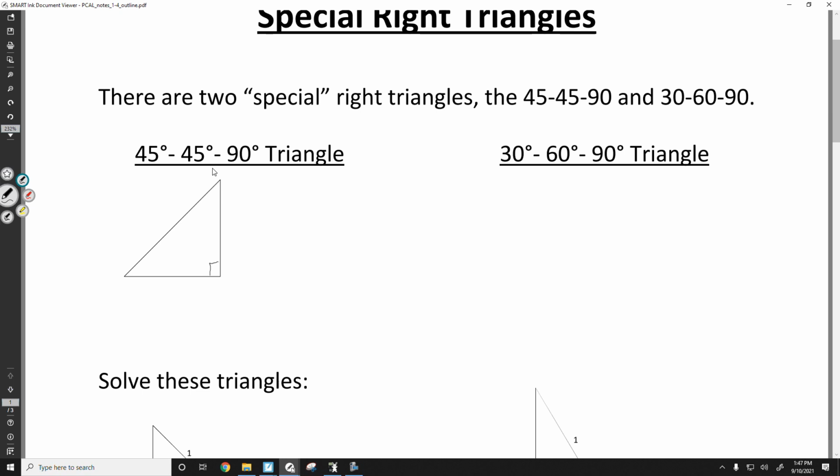Okay? Cool. We will also worry about a 30, 60, 90 triangle oriented 2 different ways, but we'll start with just that. We'll start with this tall orientation where we have 60 degrees on the bottom. Okay?